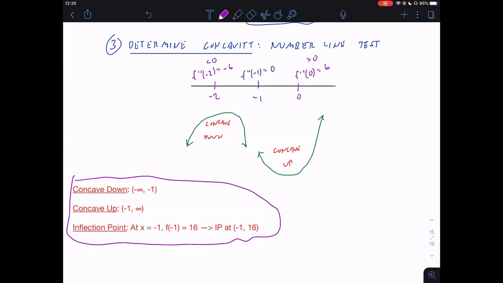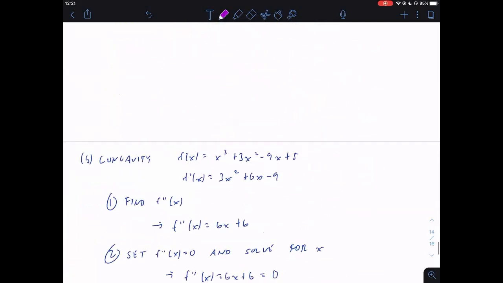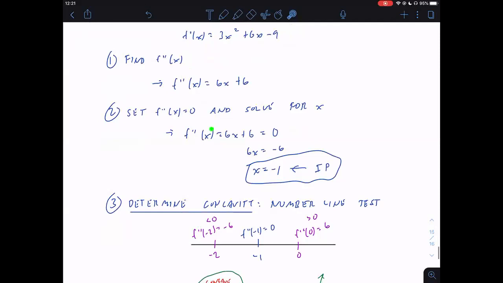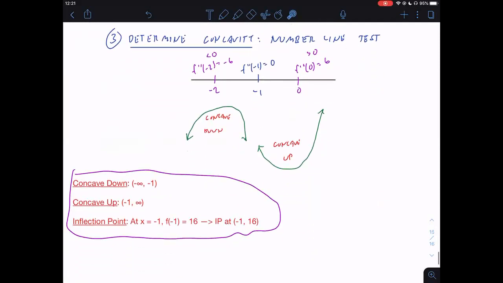There we have the properties of this function based on the first and second derivative. With the first derivative, we found a high peak at (-3, 32). We find a relative low peak at (1, 0). And then with the second derivative, we have determined where the function has a downwards type of curve, where it is upwards, and where the change in curvature occurs, at (-1, 16).